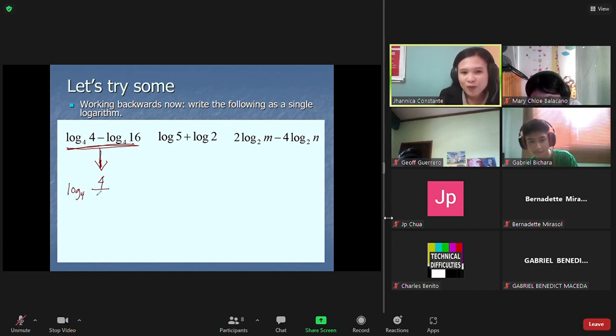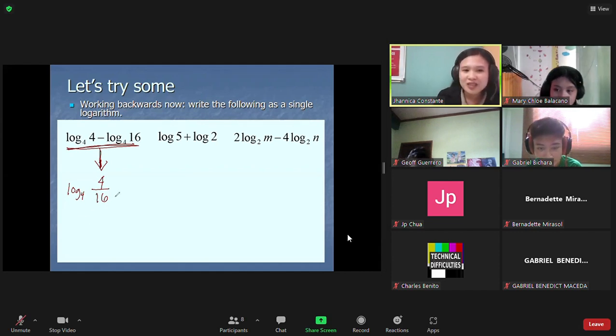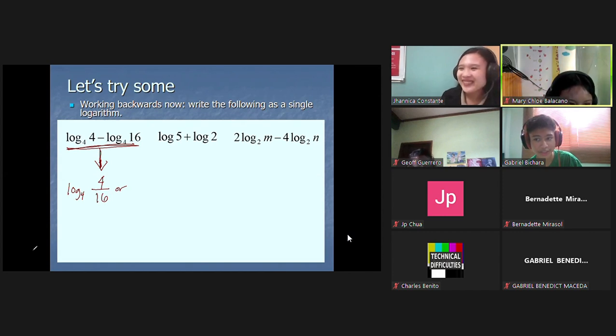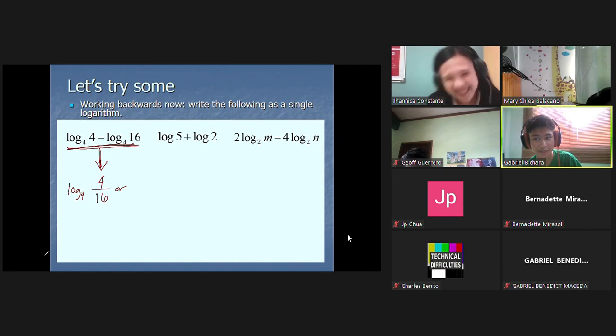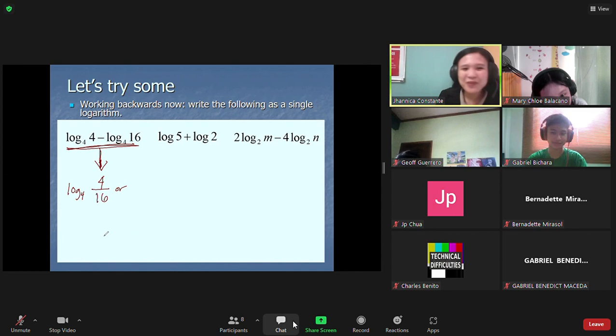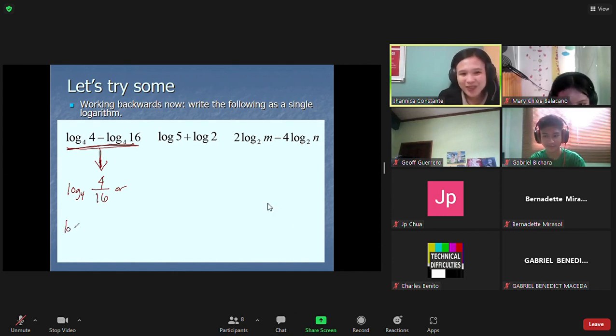4 over 16. Can we still simplify 4 over 16? Yes. What is the simplified form of 4 over 16? Okay, 1/4 is the lowest term of 4 over 16.